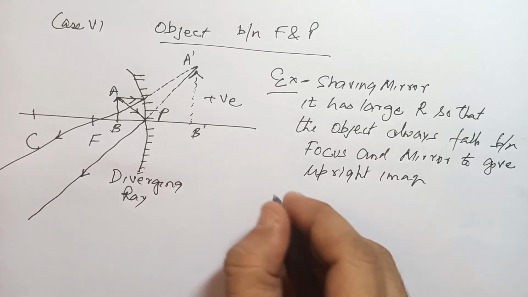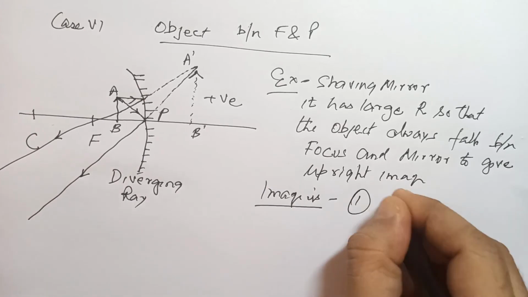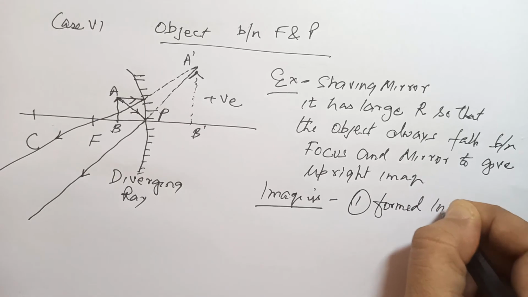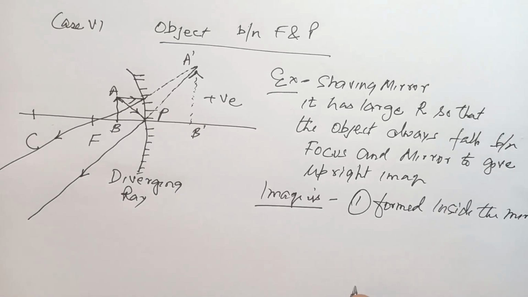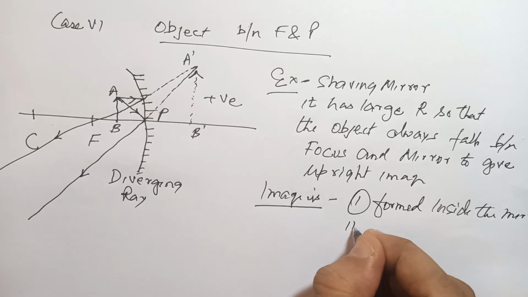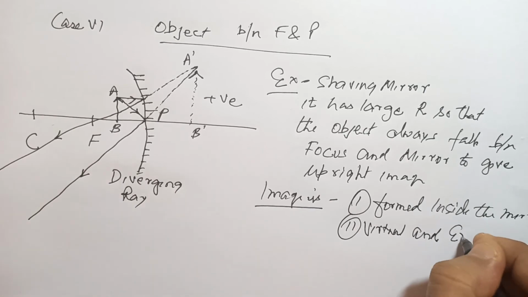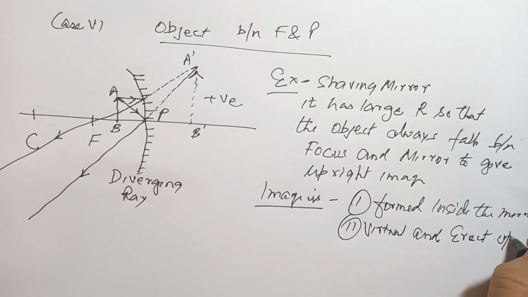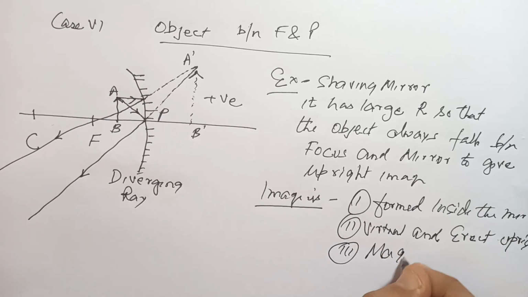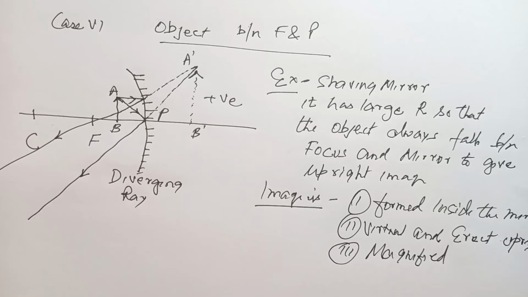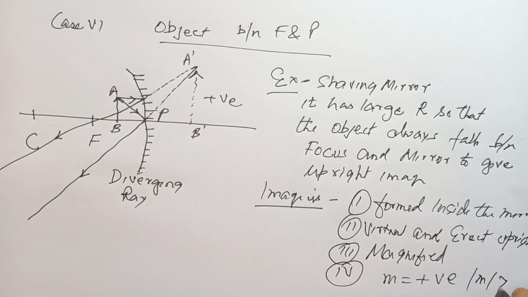Here you can say the image is formed inside the mirror. 1, virtual and erect, upright. 2, magnified. 3, m is equal to positive and mod of m is greater than 1.